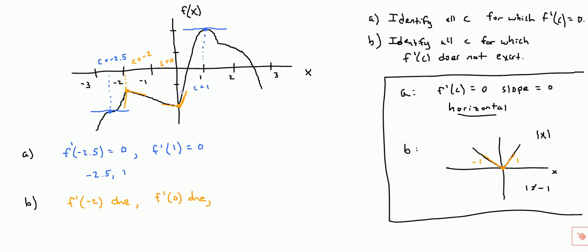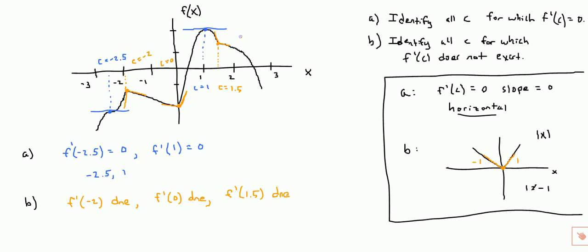So here the derivative just looks positive, right? Here it's 0. And then here there's another cusp. On the left the tangent looks like that, and on the right the tangent looks like that. So let's drop this point down. That looks like c equals 1.5. So f prime of 1.5 does not exist.